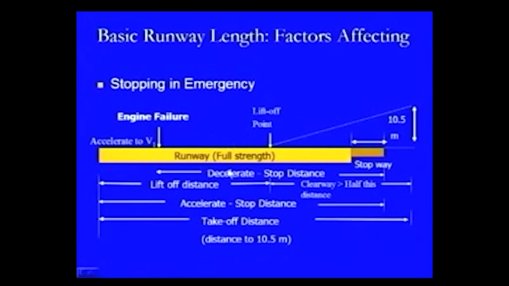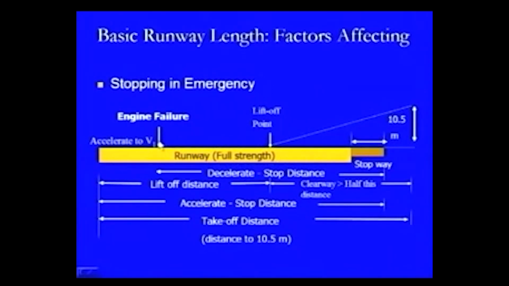Now, this diagram shows the same thing: the aircraft starts from this location and begins accelerating. From 0 it accelerates to a speed V1, and at this point it is observed that there is an engine failure. Therefore, it starts decelerating and then stops.